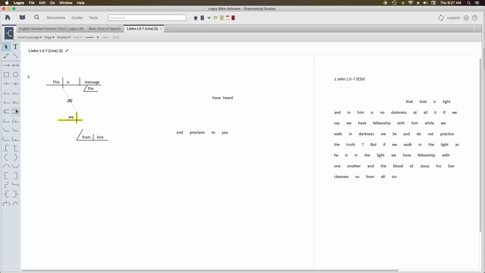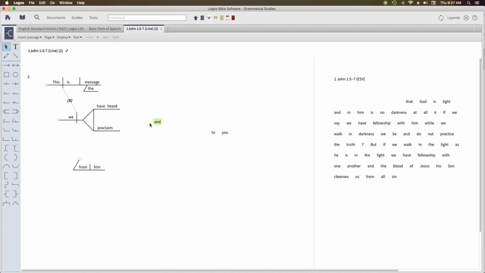If we had a double subject pointing to the verb, we would do a right conjunction. But we're going to do a left conjunction, and I'm going to connect it. I'm going to move this out of the way here, and we want to make it a little bit bigger. We have heard. That's your first verb. Proclaim. So those are your two verbs. So you've got your double verb: we have heard it and proclaim it.